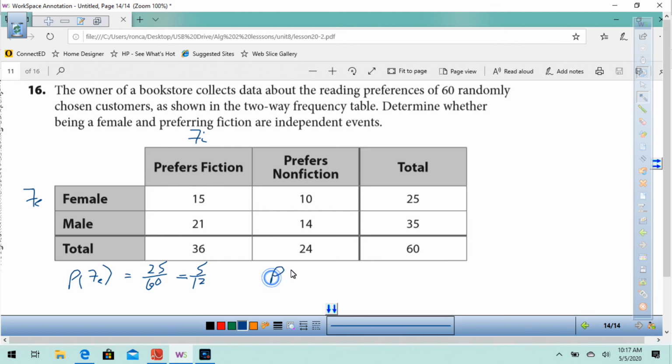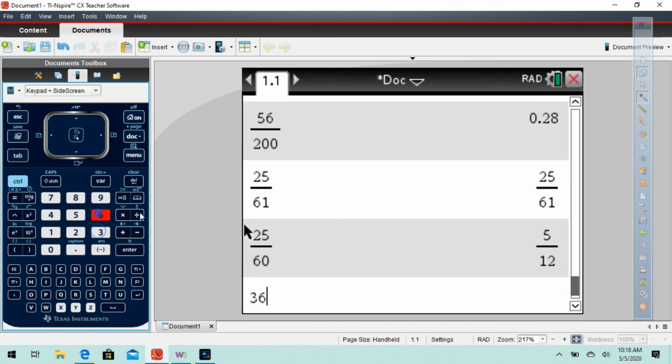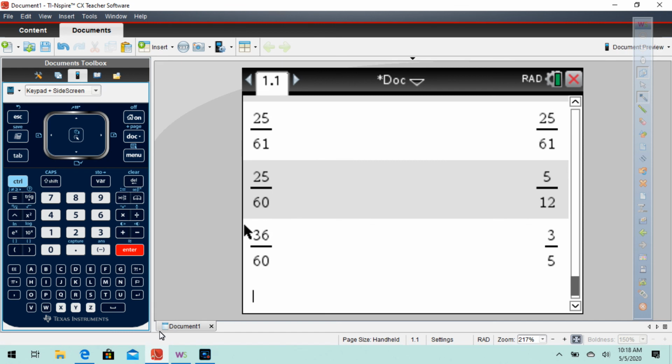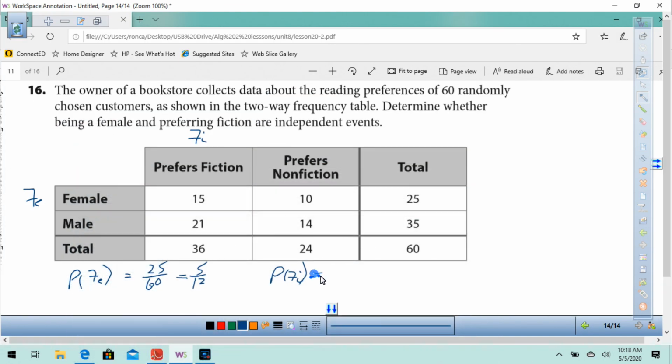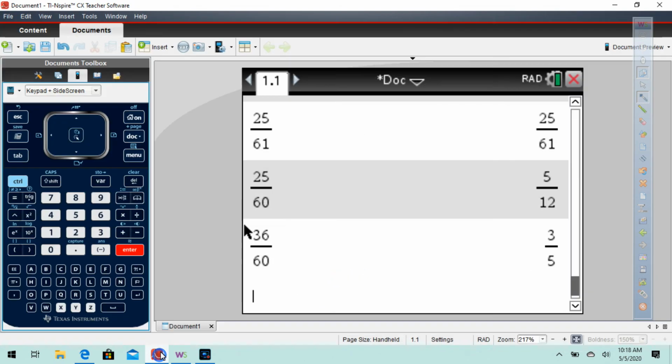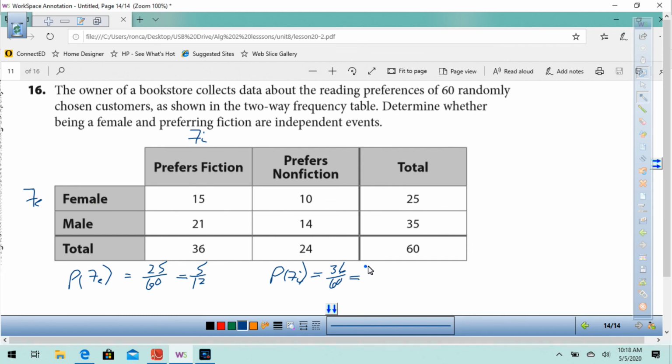And the probability of fiction, what do we got? Fiction, that's going to be 36 over 60, I believe. 36 divided by 60. And what was that? That was 3/5? Yes, 3/5. Okay.